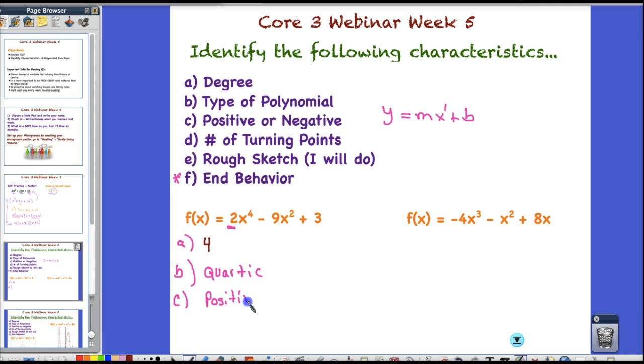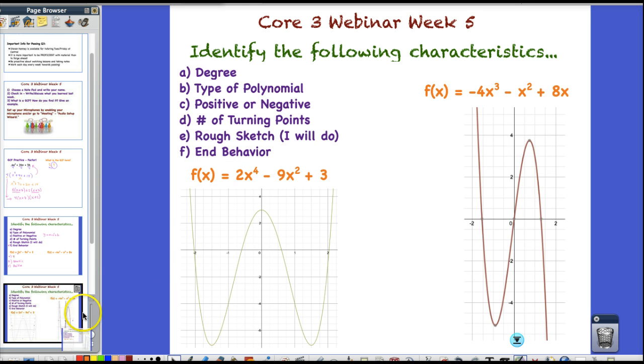So see how easy it is to do 1 through 3? Very easy. Okay, so in order to do D, E, and F, I'm going to show you a graph of this function. So I'm going to go to this one real quick. And this is a graph, just look at this one on the left for a second, of this quartic. Notice that a quartic is an even degree.